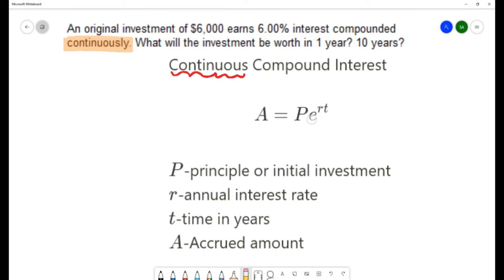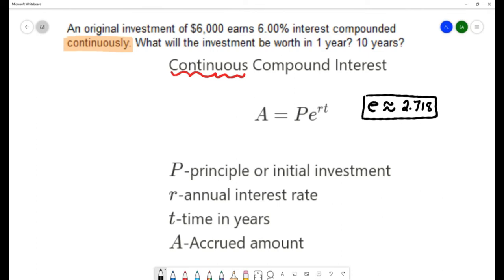You will notice that we have this E in the formula, and the E is not a variable, it is a constant, and E is approximately 2.718. But most of you, if you look on your calculator, will find that you do have a button for E, so you won't have to type 2.718. You'll be typing E in place of that.